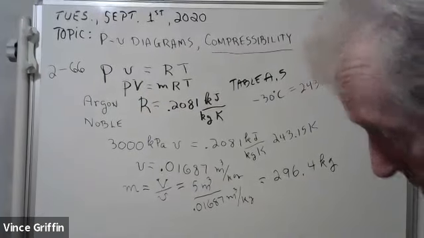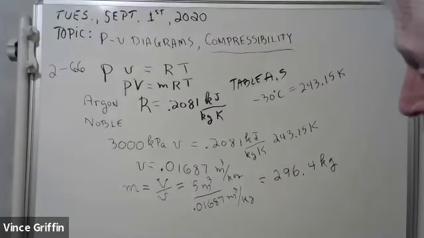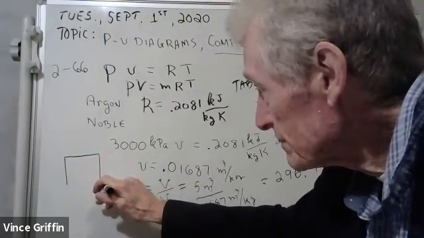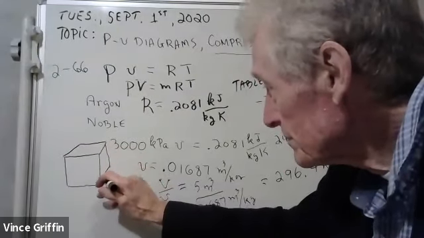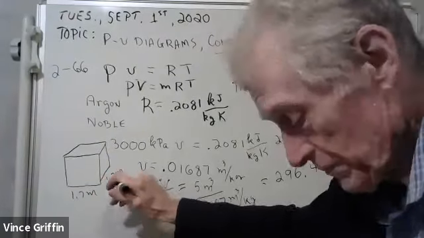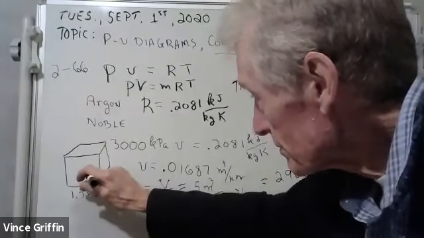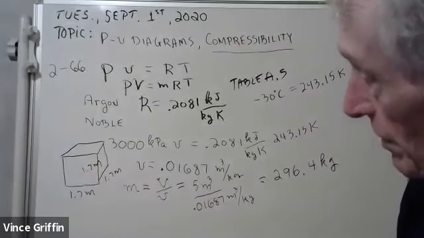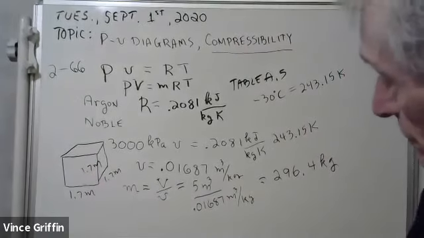That would be 1.7 meters on a side. 1.7 meters, 1.7 meters, 1.7 meters. And you know how long a meter is. It's longer than a yardstick. That's quite a lot. Yeah, I think that's right.